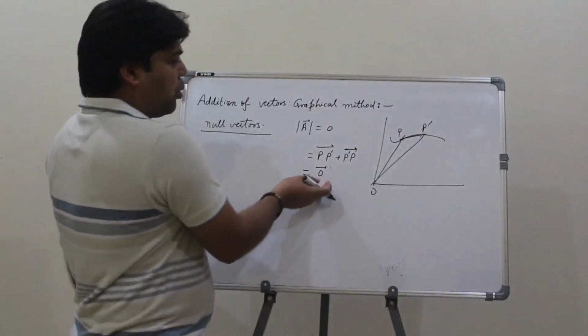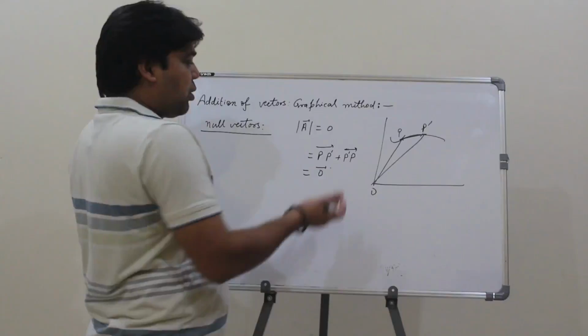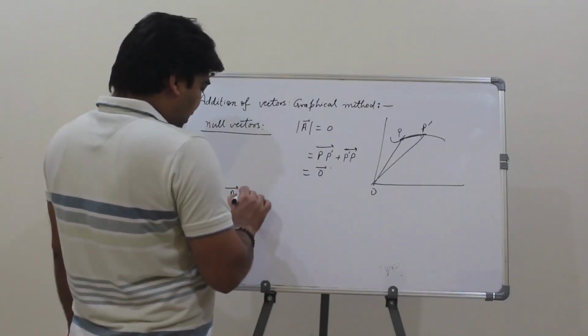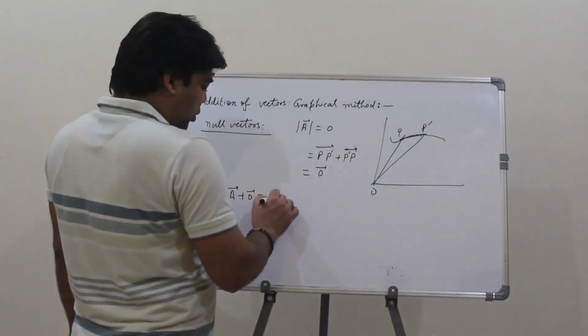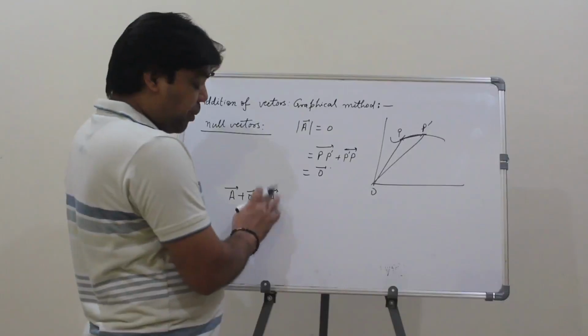This vector, which has magnitude 0, is called a null vector. Now, addition of a null vector to any vector has no change in the mod or direction of the vector, right?